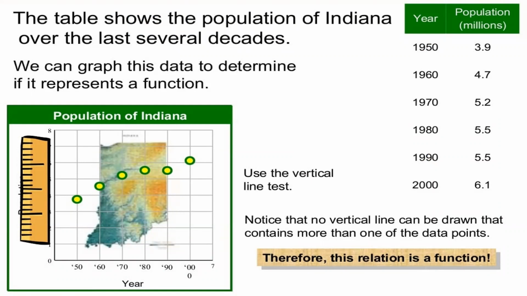As you observe, for the vertical line test, get some ruler or ball pen, as long as it represents a straight line, and then do the vertical line test. As you notice, no vertical line can be drawn that contains more than one of the data points. Therefore, this is a relation that is a function. This relation is a function.